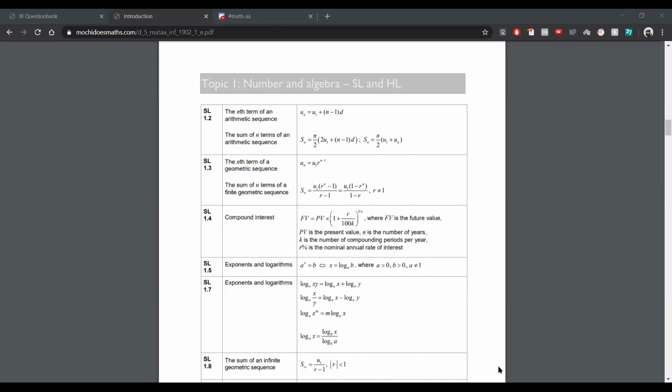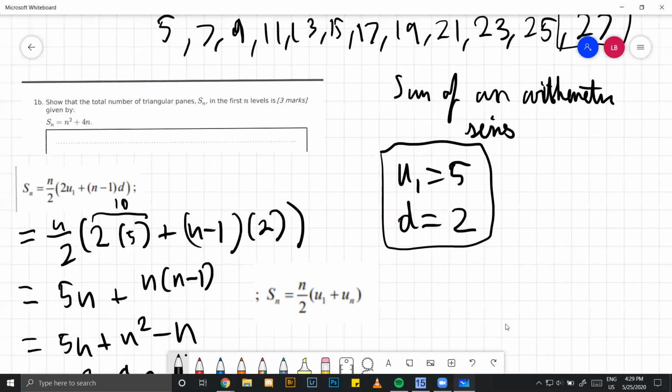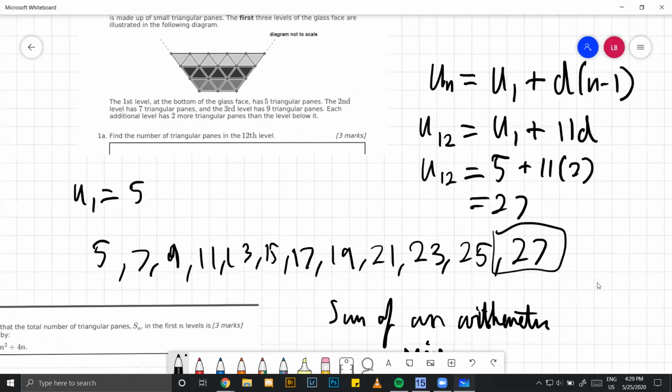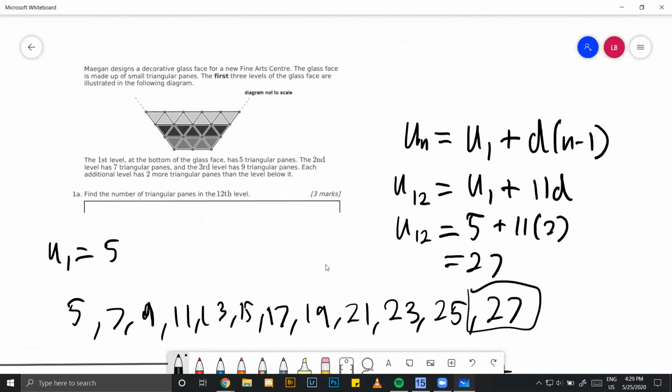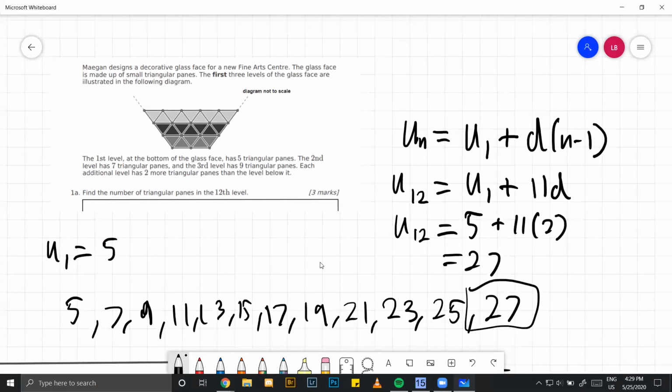We can only see the formula booklet. Oh my God. Okay, I realized what happened. I had a whiteboard, that's the problem, and you didn't see the whiteboard. Here's the whiteboard, by the way, guys. Can you see my whiteboard now? Yes. So I made an error.